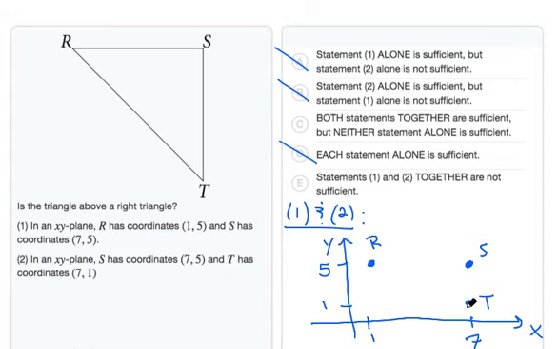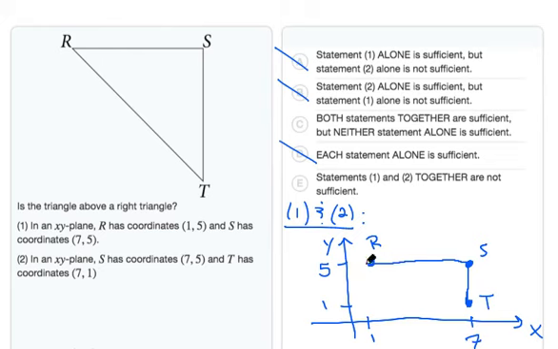Now thinking about S and T, they both have x coordinates of 7, so we know they are straight up and down. And R and S both have y coordinates of 5, so that would be a straight across line.